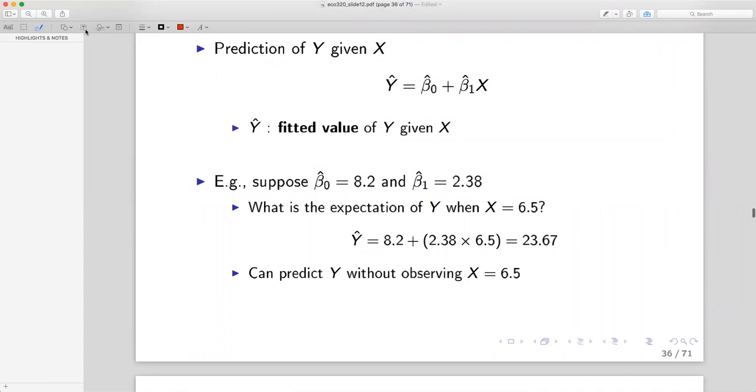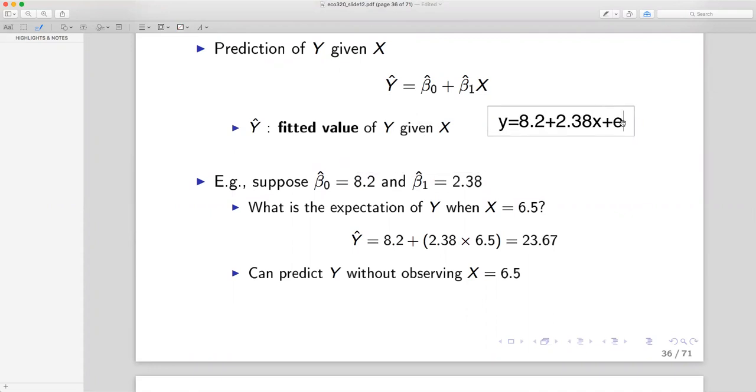So your formula would be something like that, right? Y total cost equals 8.2 plus 2.38x, plus residual. But you can write it either this way or this way.